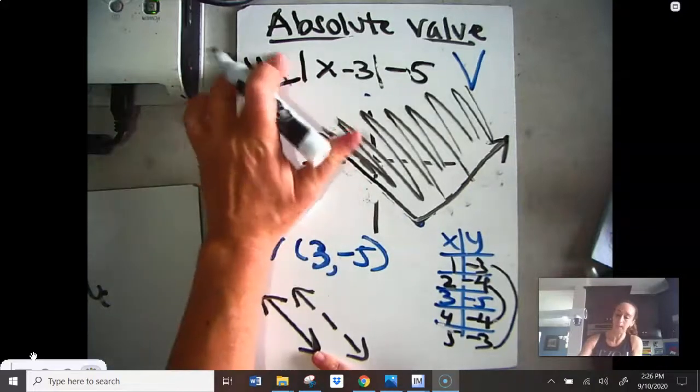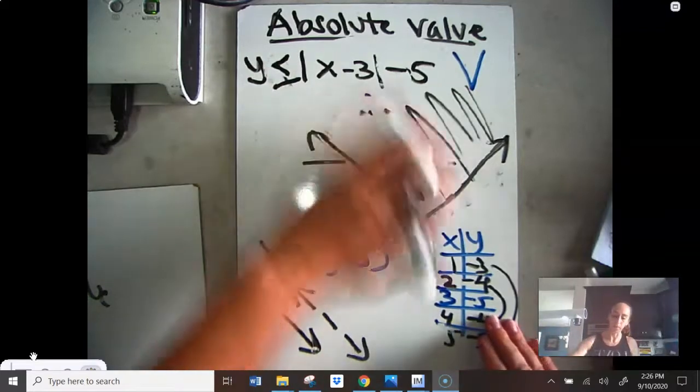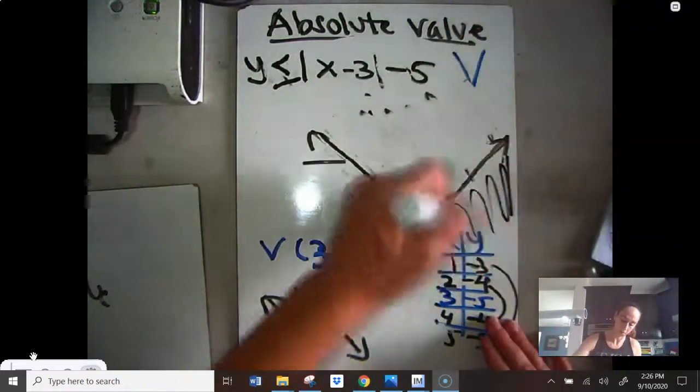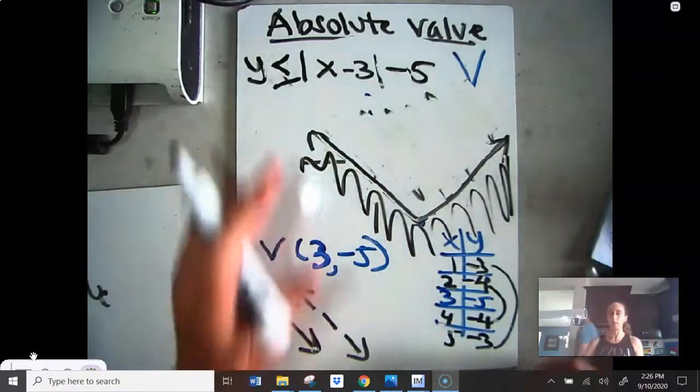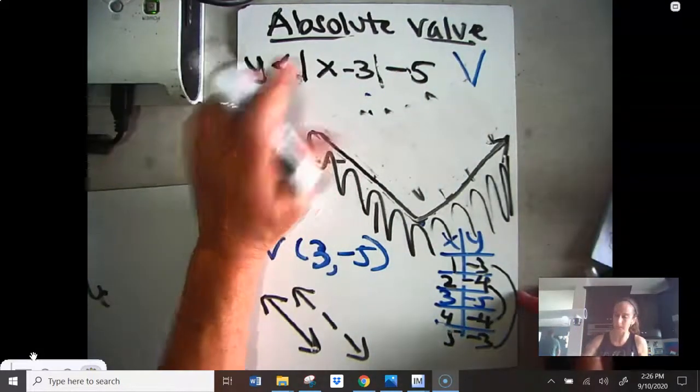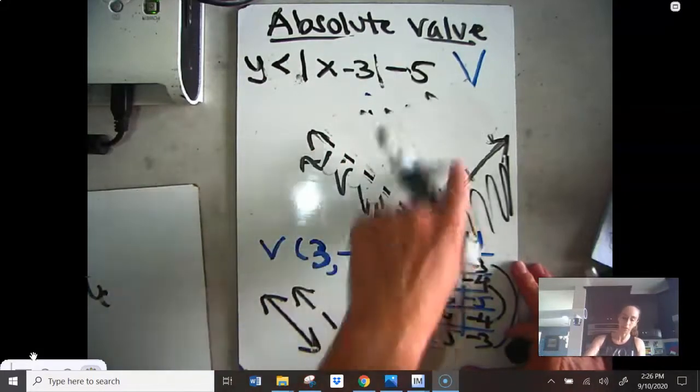What if it says less than or equal to? Still solid, but this time it's shaded down. What if this time instead of less than or equal to, it just says less than? Dashed.